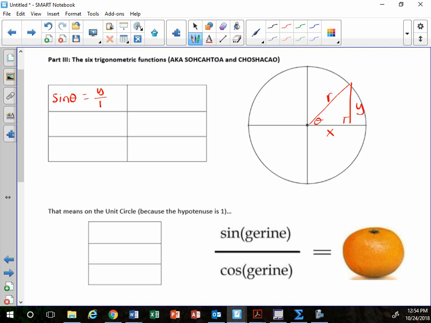Y over R. Remember, sine is opposite over hypotenuse. So if I'm starting with theta, this is opposite, and R is my hypotenuse. SOHCAHTOA: sine, opposite, hypotenuse; cosine, adjacent, hypotenuse; tangent, opposite, adjacent.